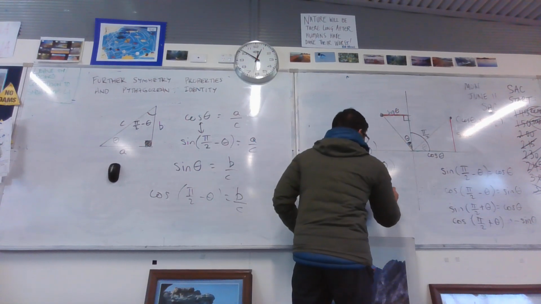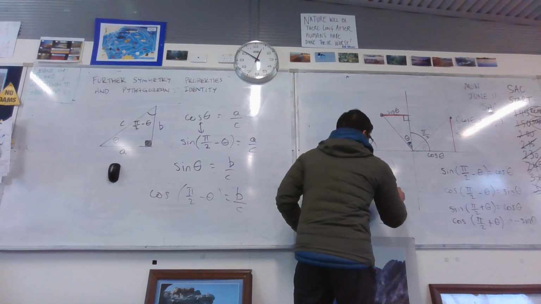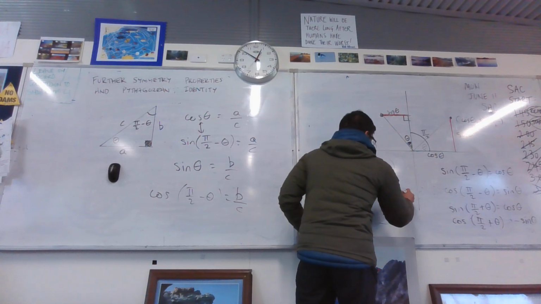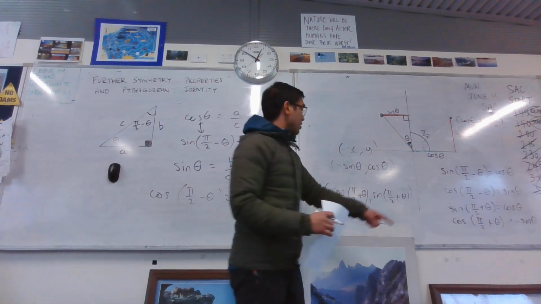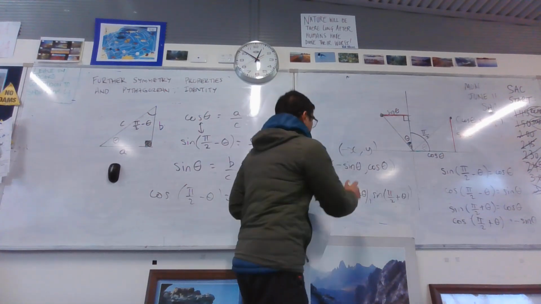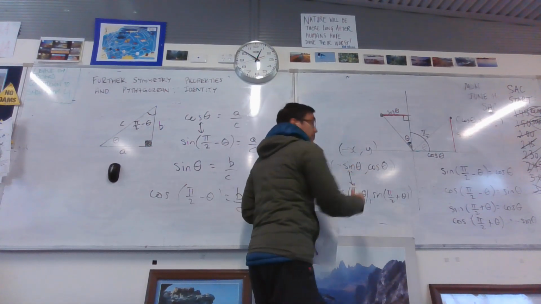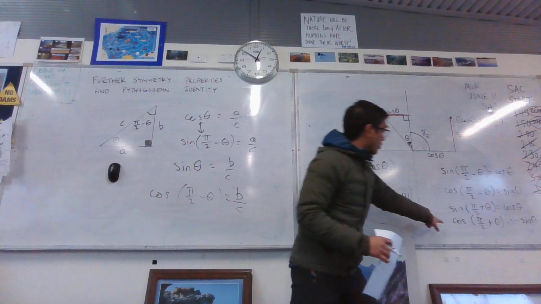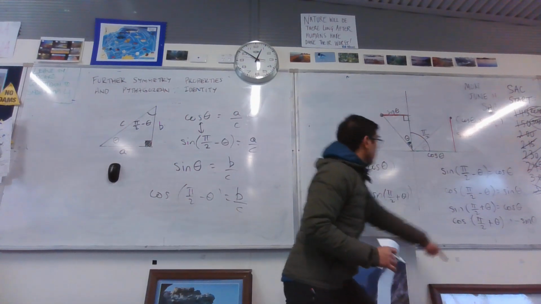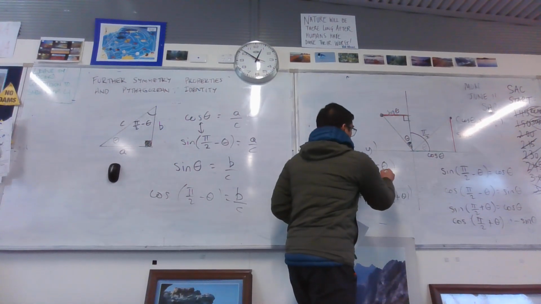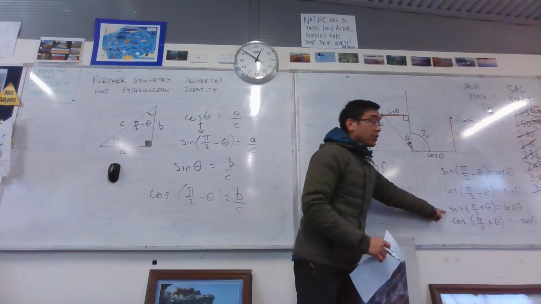And we do the same over here. You can see how these two are now equal, which gives us this equation here. And these two are now equal, which gives that equation here.